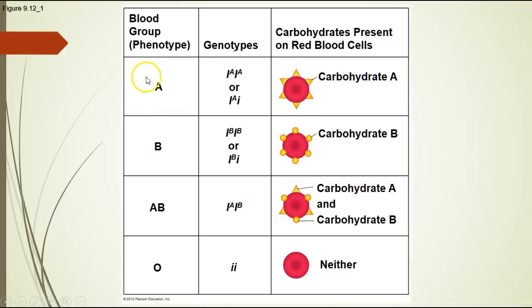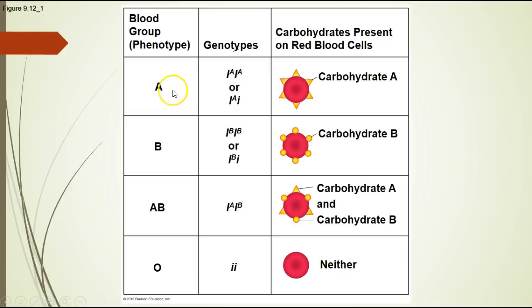If you have blood type A, there are 2 possible genotypes that can produce blood type A. The common convention for the symbols is using the capital I as the dominant allele, with a superscript of the A or B type, and the lowercase i is the recessive allele.